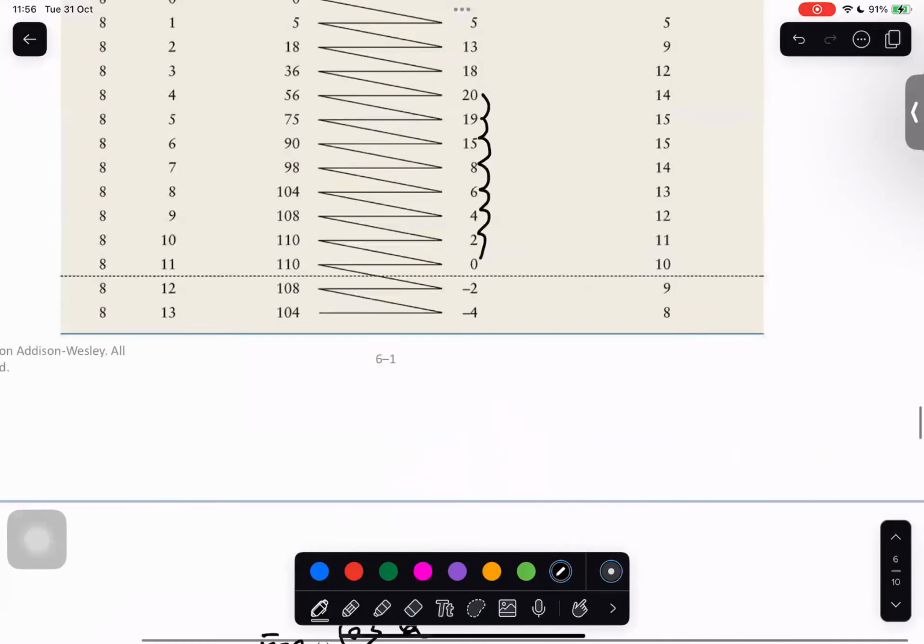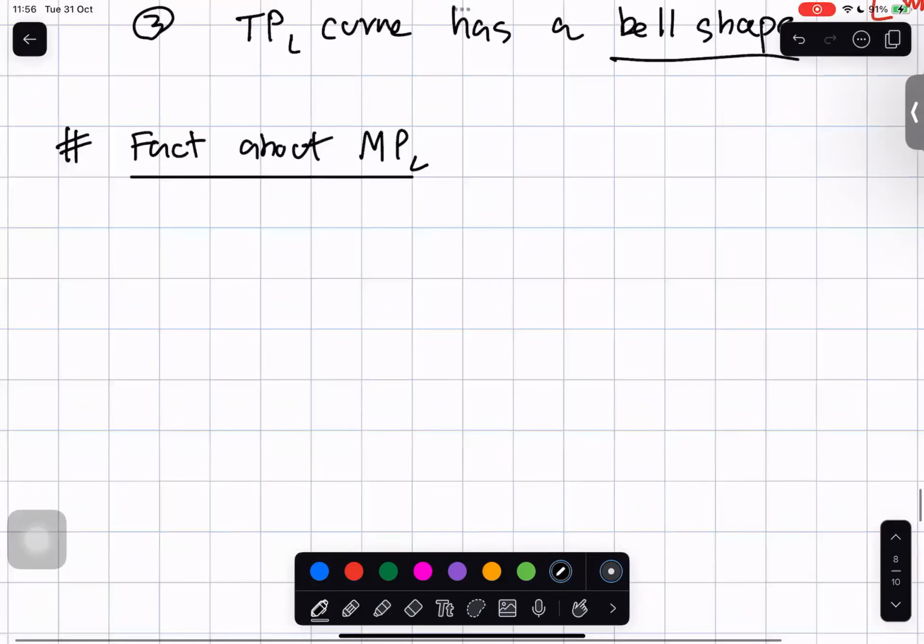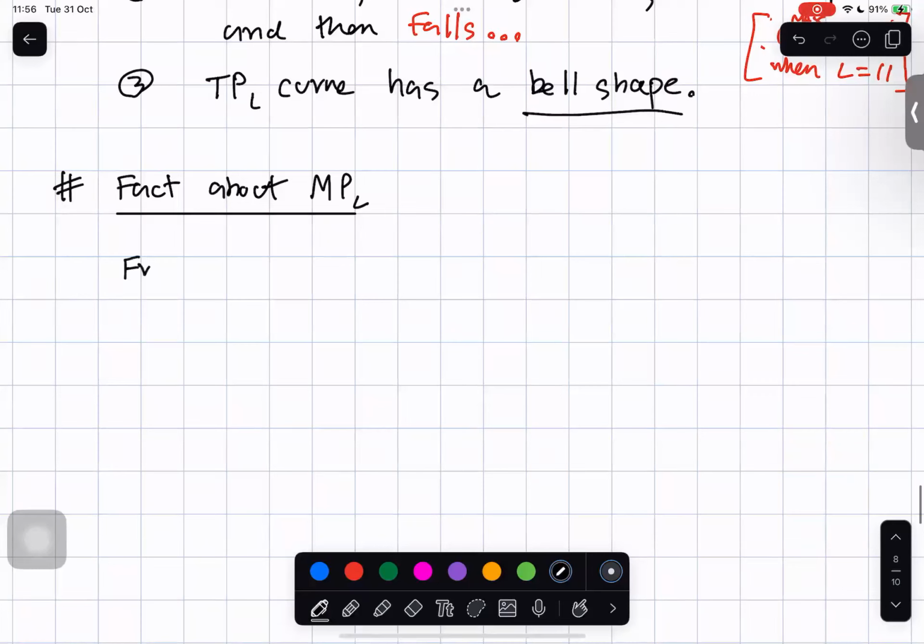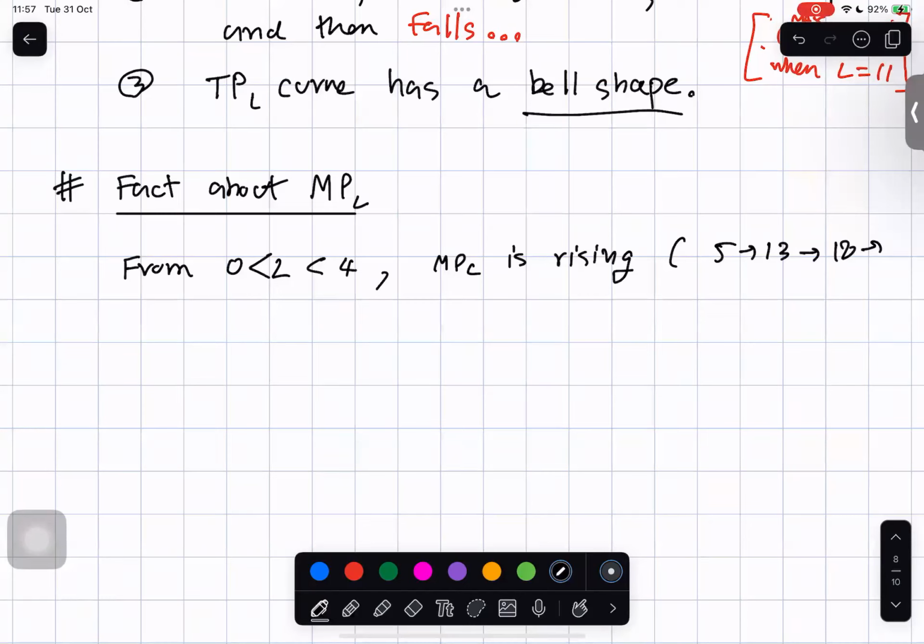Now, summarize MP. In between 0 and 4, adding more workers, marginal product keep increasing, rising. You would see 5 to 13 to 18 to 20.